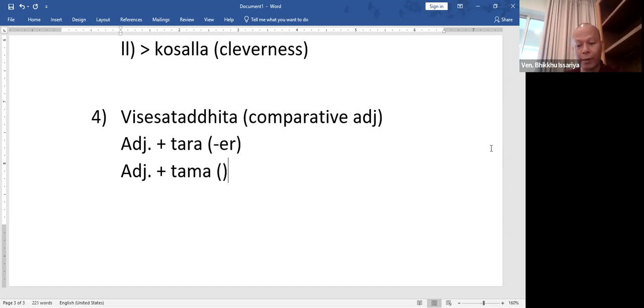Dhamma we can generally understand as est in English. So now, an example.